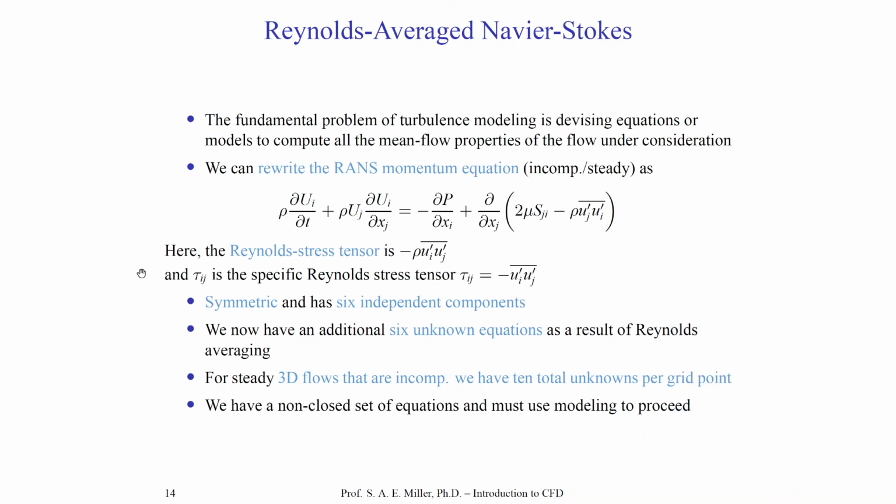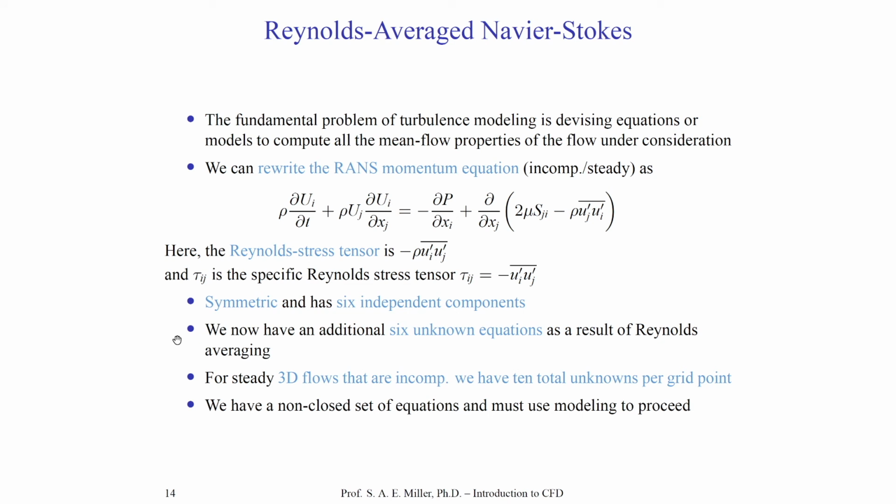We'll note some important properties about this particular equation. Specifically, the Reynolds stress tensor can be written with rho removed, as a definition, mind you. Just like the original stress tensor, it is also symmetric. So formally in 3 dimensions, it has 9 components because it's a 3x3 tensor. However, it does have the property of symmetry, just as discussed in the original Navier-Stokes equations by Navier and Stokes and their contemporaries. Reynolds showed this mathematically too. We now have an additional 6 unknowns.